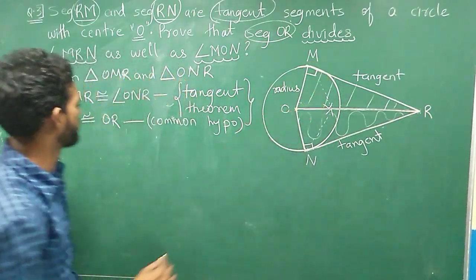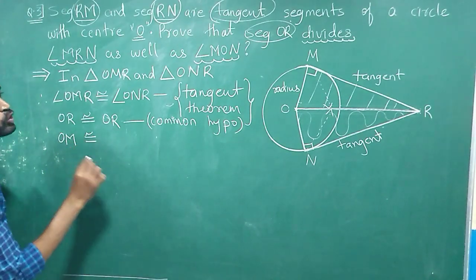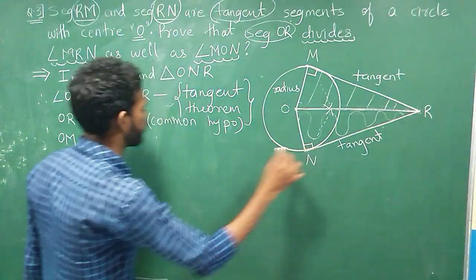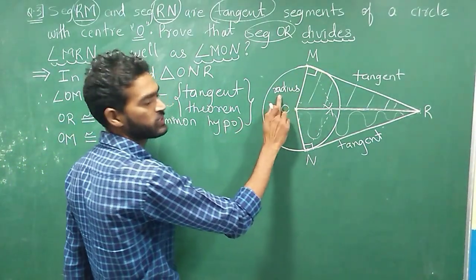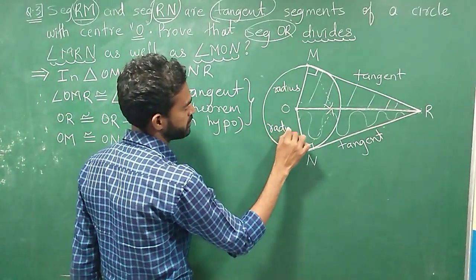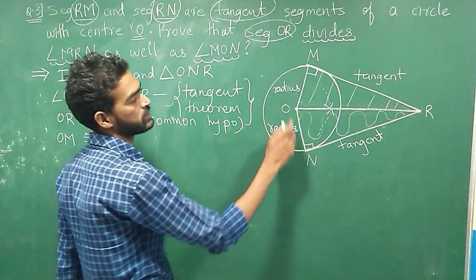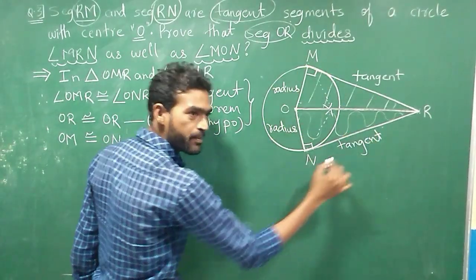Now, one more side. Look, OM is congruent to OM. Why? OM was the radius, and ON is also the radius. It means both are radii of the same circle.